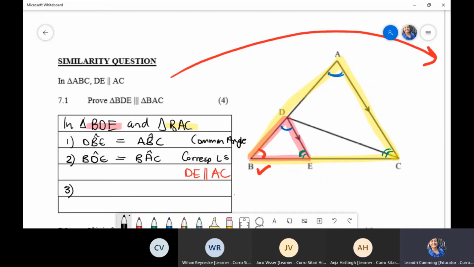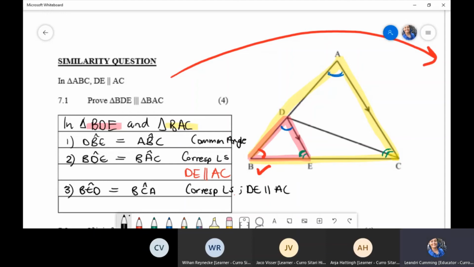Because I have proven the above two angles are equal, the third must be equal due to the sum of the angles of the triangle, or you could say then that angle E is equal to angle C because, again, of your corresponding angles. So it's not wrong if you use that reason. So angle BED is equal to angle BCA. If you do use your corresponding angles, we must once again include the reason: because DE is parallel to AC.